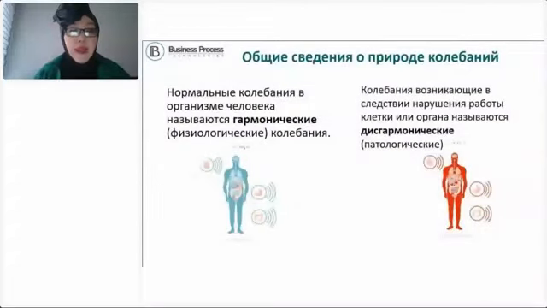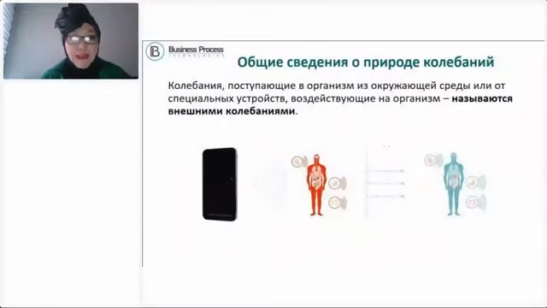Normal oscillations in the human body are called harmonic, or physiological oscillations, when the body works within the normal range. If there are any disturbances in the work of an internal organ or cell, the oscillations that occur in the body are called disharmonic, or pathological oscillations.